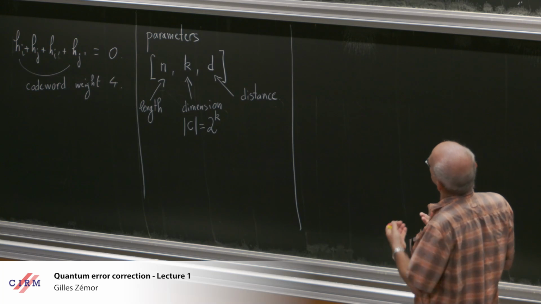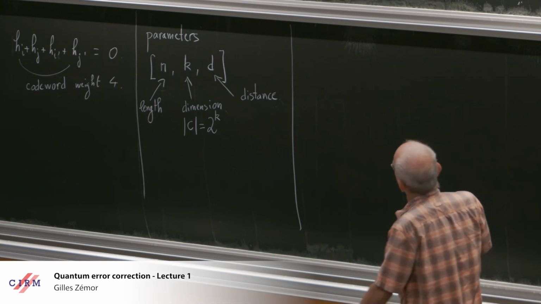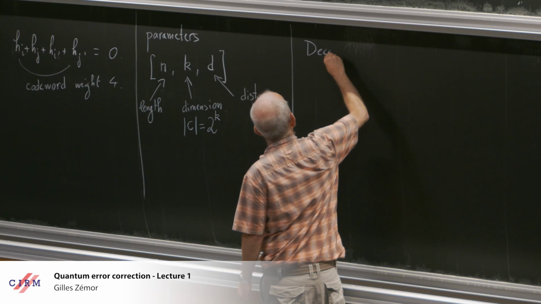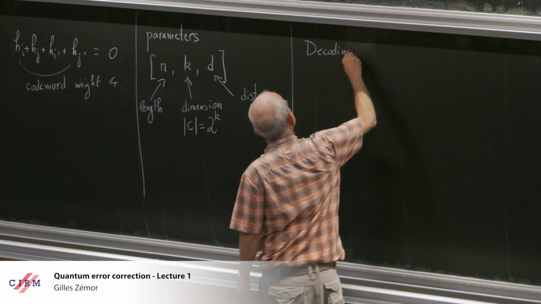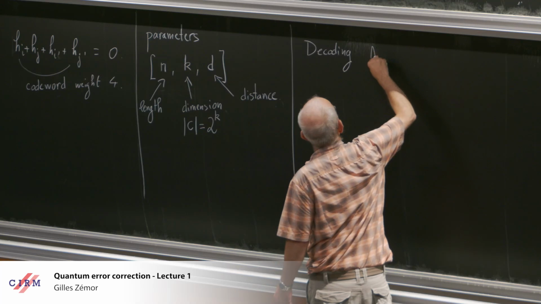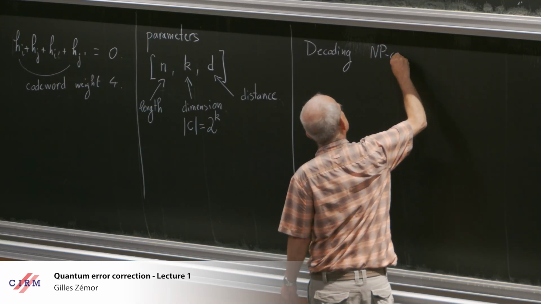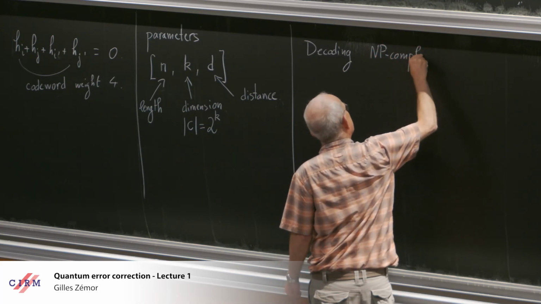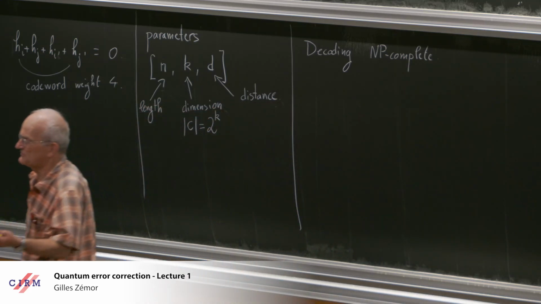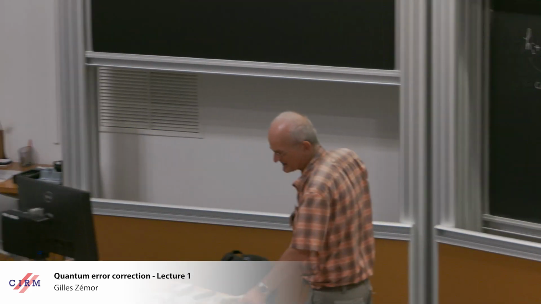There's some generic ways of improving this, but they don't get you very far. The decoding problem, unfortunately, is NP complete. So it's unfortunate for people who want to correct errors.